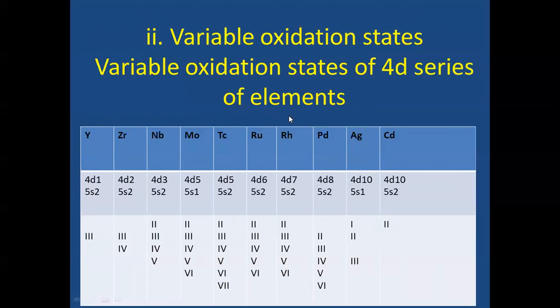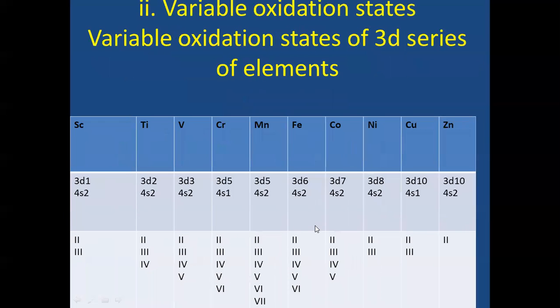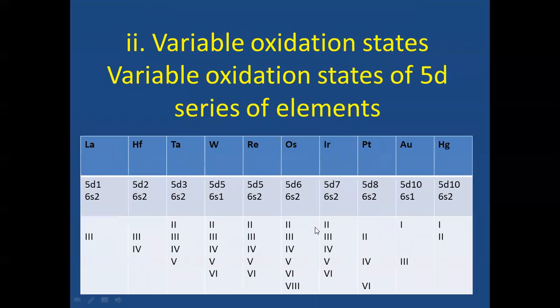Similar is the case with the next series. Again, the variable oxidation state we have nearly in all series. But one thing we have to remember, that this element Os, means osmium, exhibits the highest oxidation state, +8.